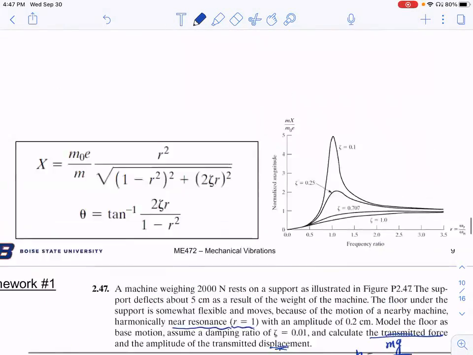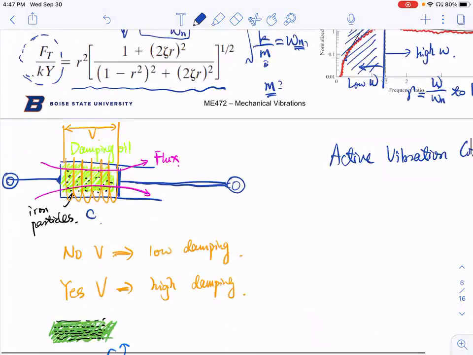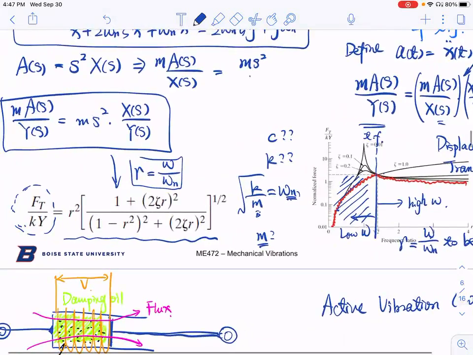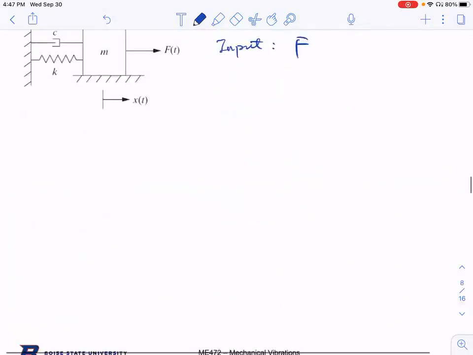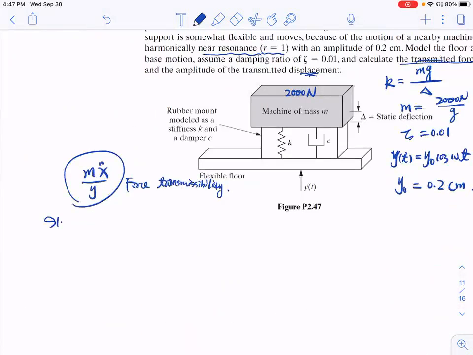So let's go back to the equation on slide number 6. You have your M A(s) over K times Y(s).